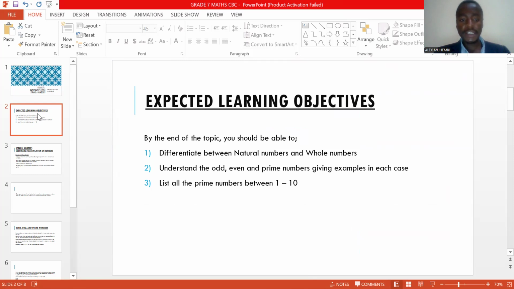And number three, you should be able to list all the prime numbers between 1 to 10. So this is what we will cover today, and allow me to start.